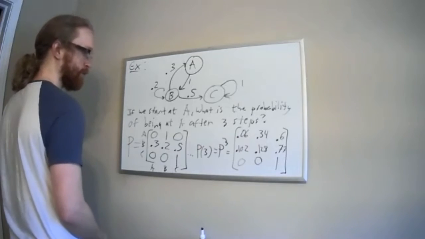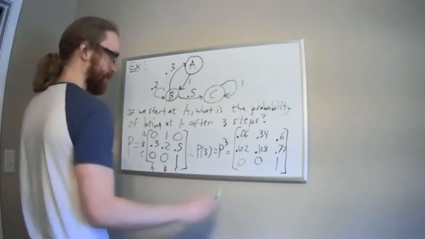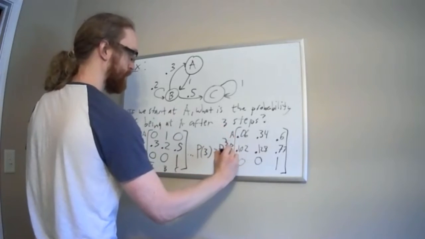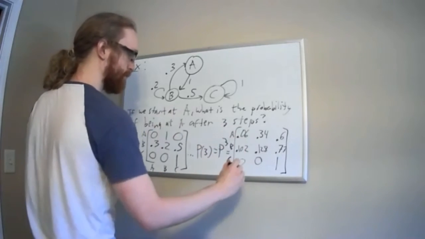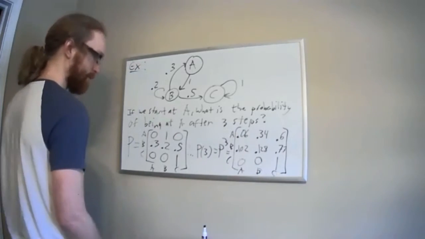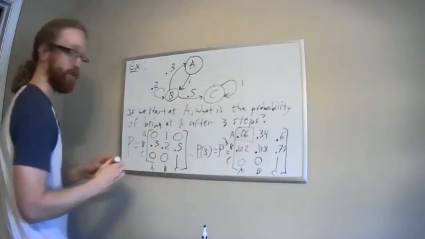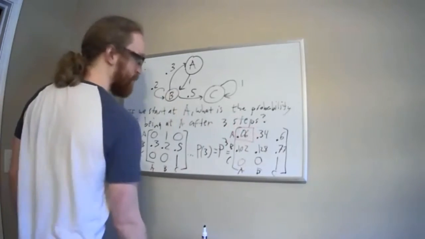And so the probability that we're looking for is going from A to A after 3 steps. So if this is A, B, C, and this is A, B, C, I'm looking for A to A. That is right here, 0.06. So that's a pretty small probability.